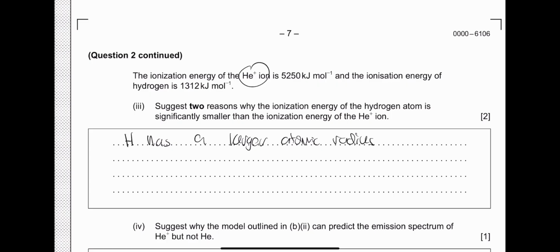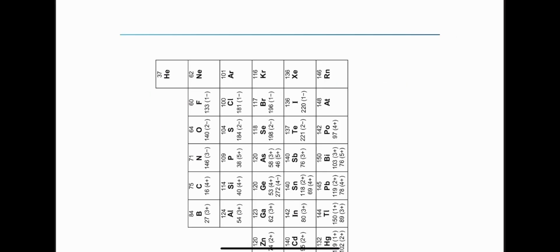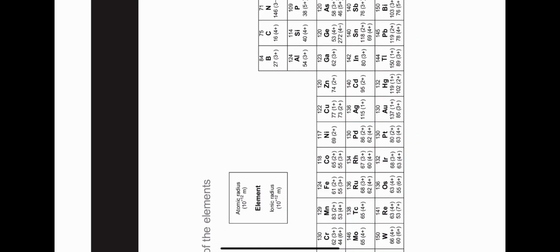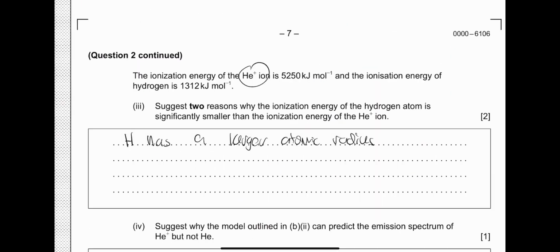That's why you have to keep this in mind, because a lot of people just go to the data booklet and see, oh, helium 37, hydrogen 32. Wait, that doesn't make sense, since they told us that hydrogen has a lower ionization energy. So how does that make sense? Well, you have to keep in account that helium is an ion in this case, which means that there'll be a stronger electrostatic attraction to the nucleus, smaller atomic radius.